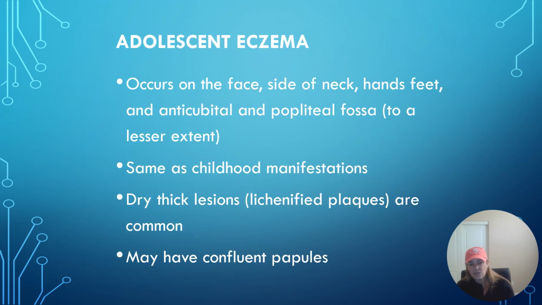Adolescent eczema occurs in the face, the side of the neck, the hands and the feet, antecubital areas, popliteal fossa. They can be very similar to childhood manifestations. You can also see lichenified plaques, which are common in adult and adolescent eczema.